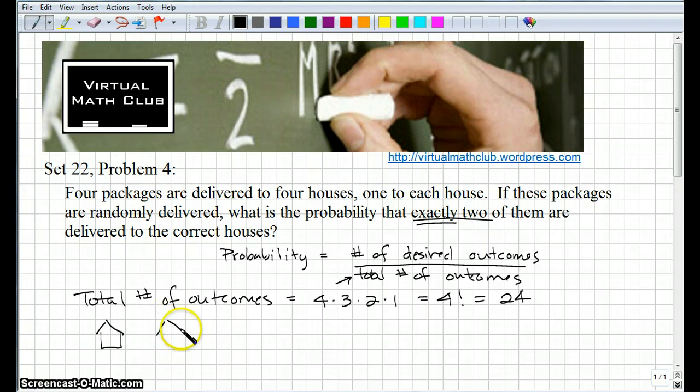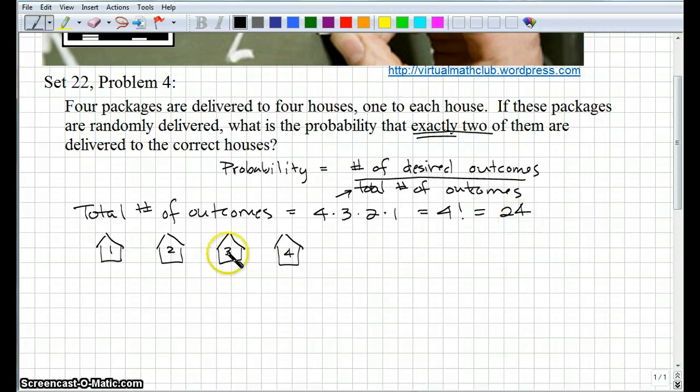We have 4 houses, and we'll number them 1, 2, 3, and 4. We have 4 packages, so 1, 2, 3, and 4.